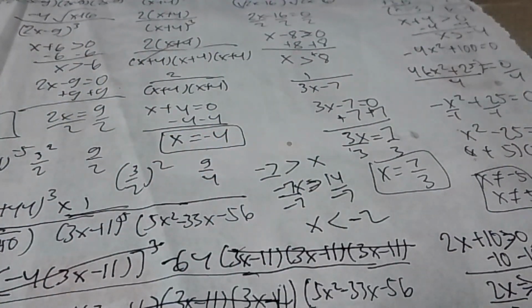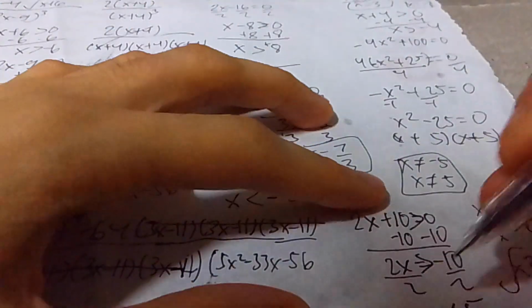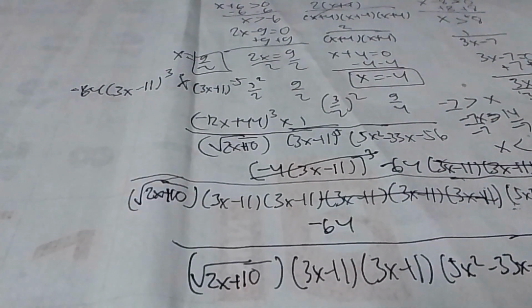Because the sign changed, that's the reason why you have to flip. But because in this one we just divided by 2, x is supposed to be greater than negative 5. It can be 6, it can be 7. Because if it were negative 6, that would be, what is that? So right, it should be greater than negative 5.